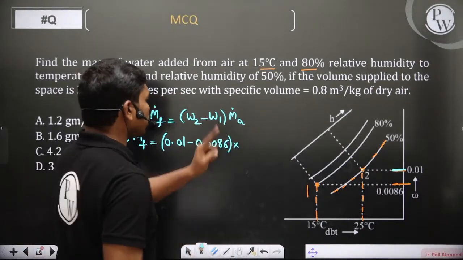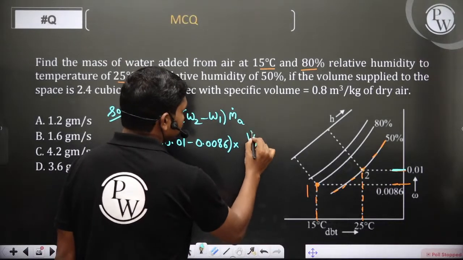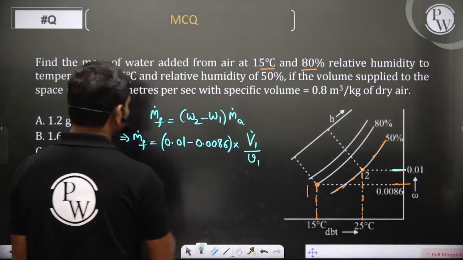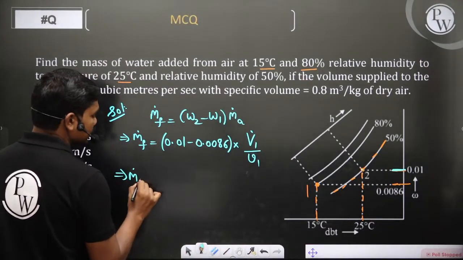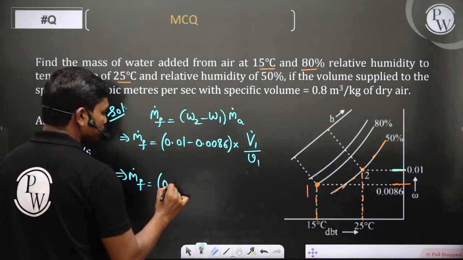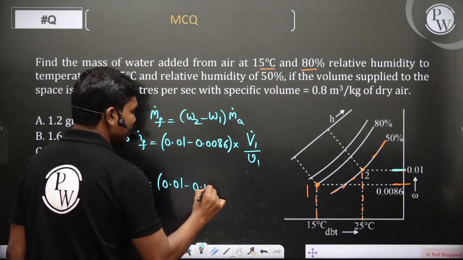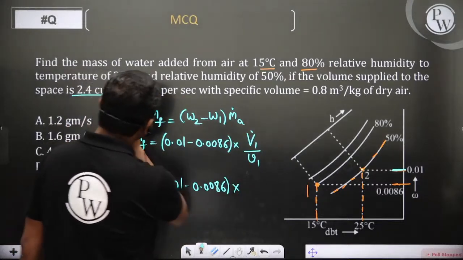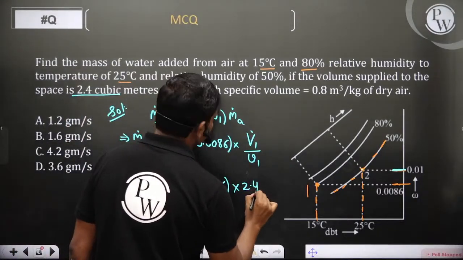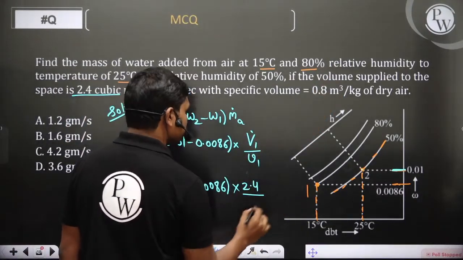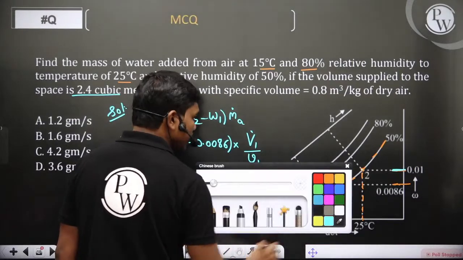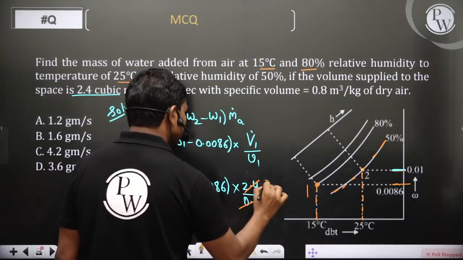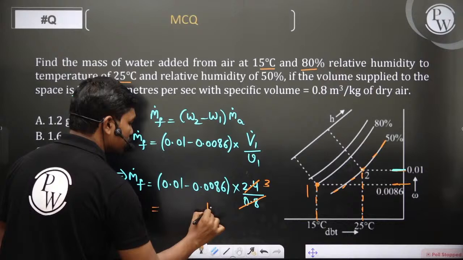This mass flow rate of air can be written as volumetric flow rate divided by specific volume, correct? So m dot f is equal to 0.01 minus 0.0086 into v1 dot over v. The total amount of air supplied is 2.4 cubic meter per second, and the specific volume is 0.8 meter cube per kg. So this is 3, and the value is going to be in kg per second.